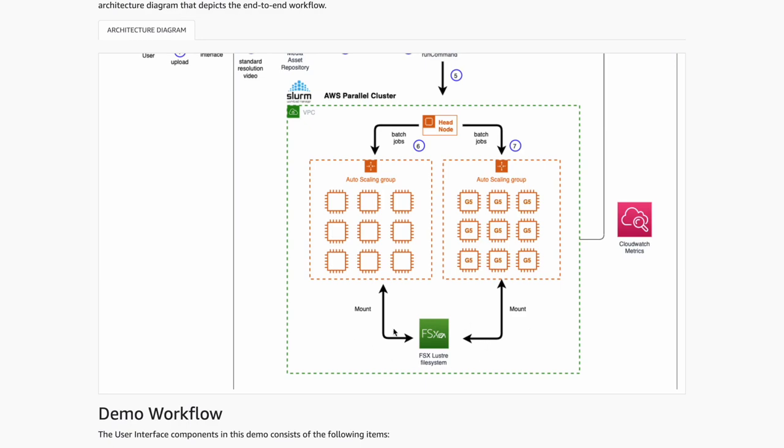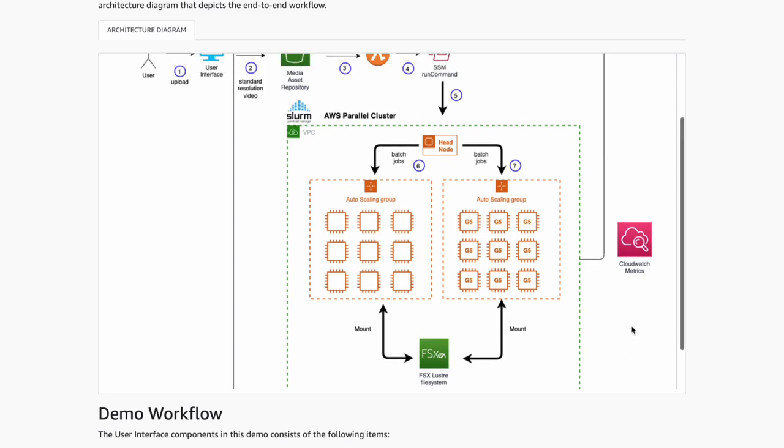There's also an FSx for Lustre file system mounted in this cluster to allow shared access to the file system so that these processes can access the data very effectively in parallel.